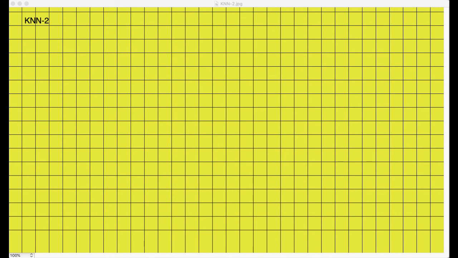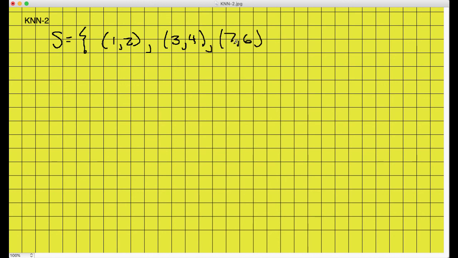Now, let's consider just another example here. Suppose I have a set S, and S is comprised of points in 2 space: -1, -2. And the question is how do I find the centroid of this? The centroid of this is actually very simple.